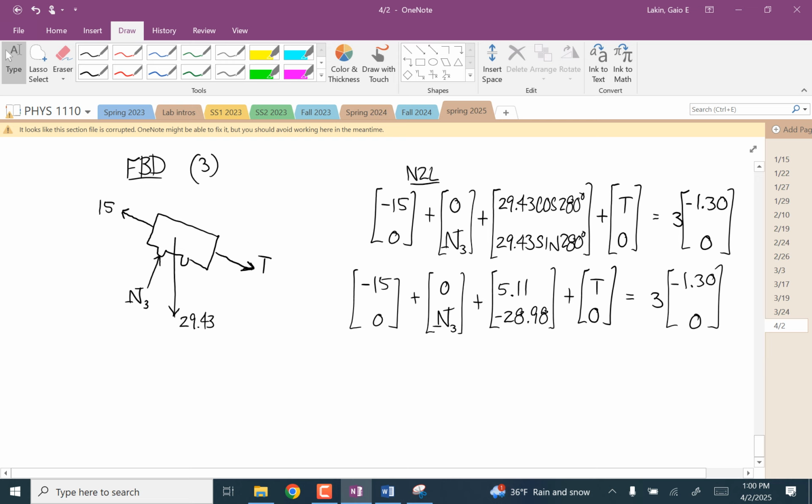All we want is that value of T. So all we need here is the x equation. And it says negative 15 plus 5.11 plus T is equal to negative 3.90.